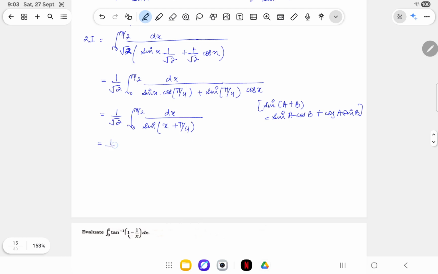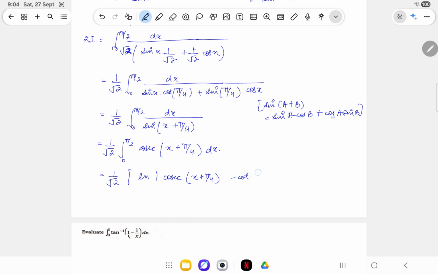Now if I simplify it, 1 upon sin is cosec, so it will be the integral from 0 to π/2 of cosec(x + π/4) dx. The integration of cosec x is ln|cosec x − cot x|, so this is 1/√2 times ln|cosec(x + π/4) − cot(x + π/4)|, with limits varying from 0 to π/2.